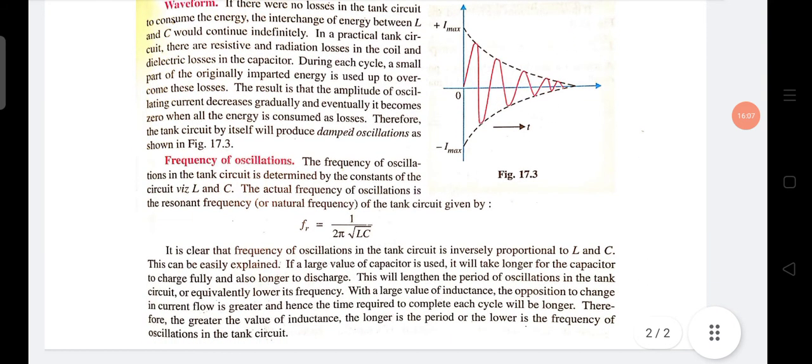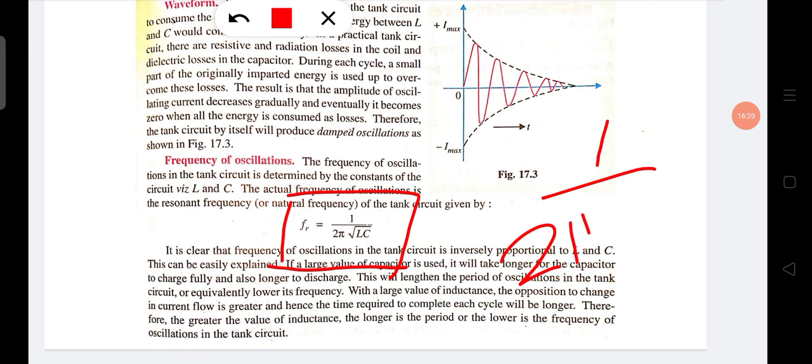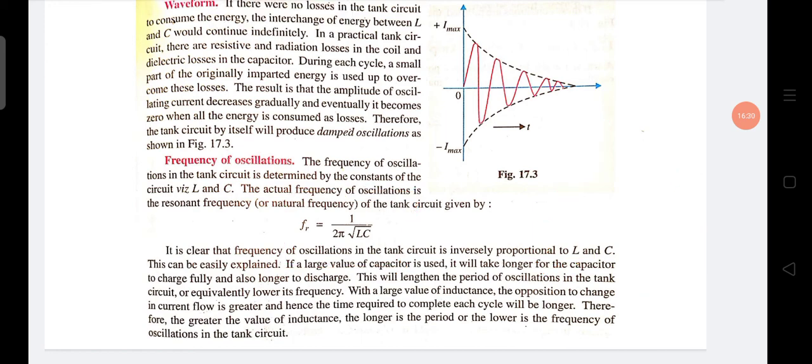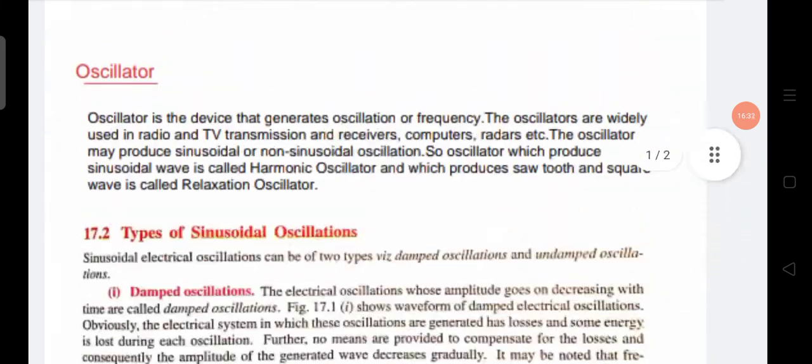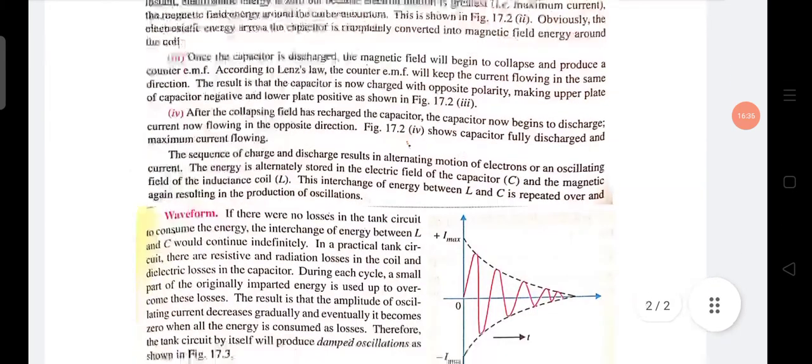Now the frequency: remember this formula for the frequency of oscillation, f equals 1 by 2 pi root of L C. Here L is the inductance of the coil and C is the capacitance of the capacitor. Remember this. This is all about the oscillator circuit. Okay, thank you.